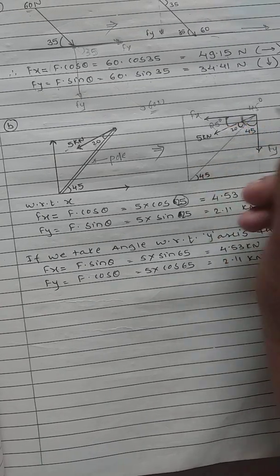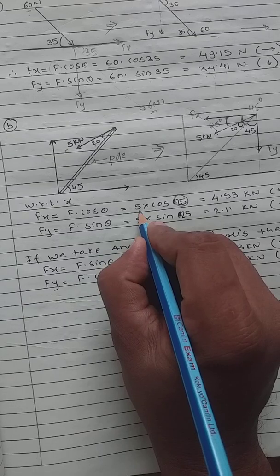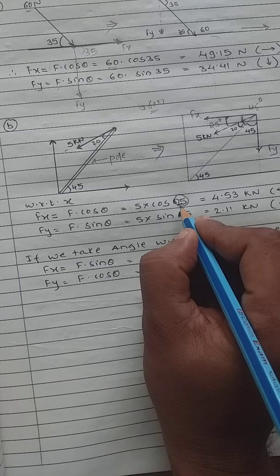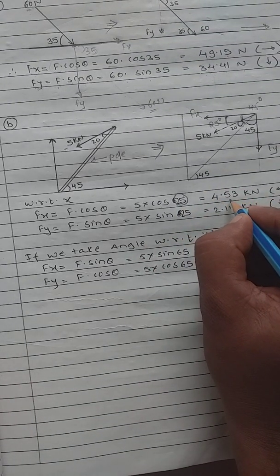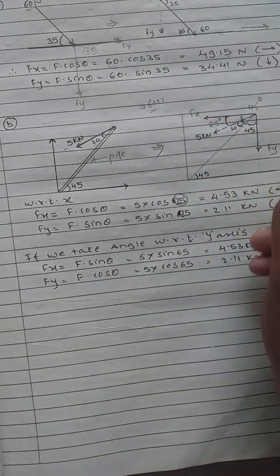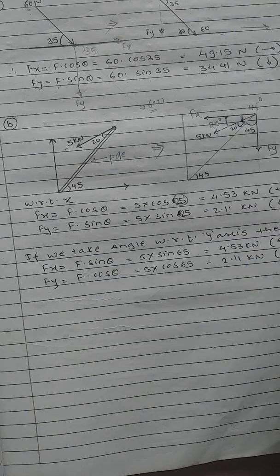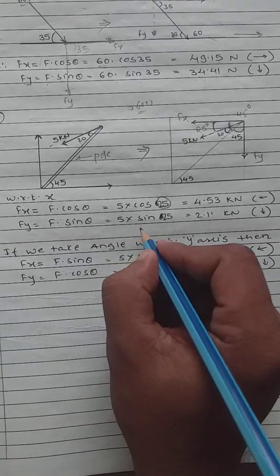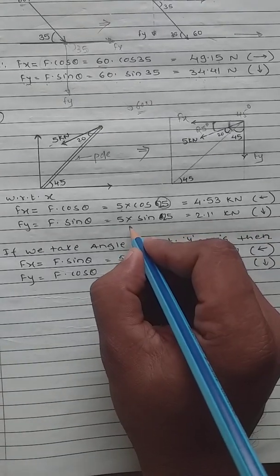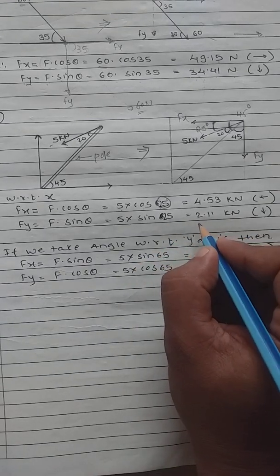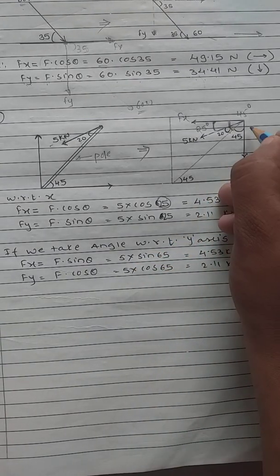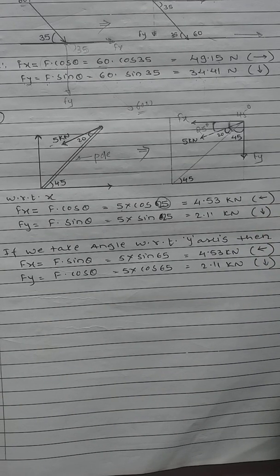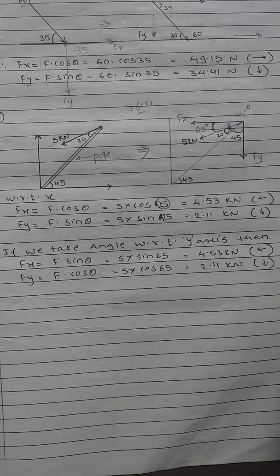So that's why I have taken 5 kilonewton as the f value, cos of theta, theta equal to 25 degree, and the total comes to 4.53, where the direction is towards the left. And f of y is equal to f into sin of theta, where f is 5 and theta is 25, giving 2.11 in the downward direction. I hope you are getting my point.